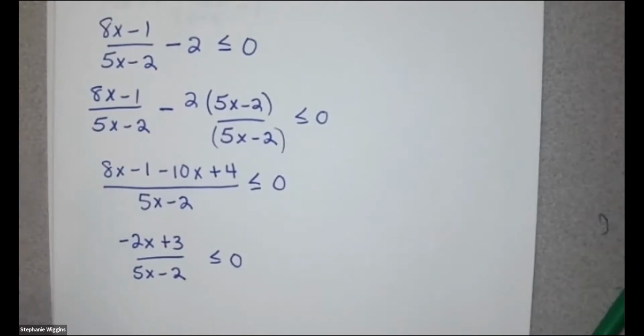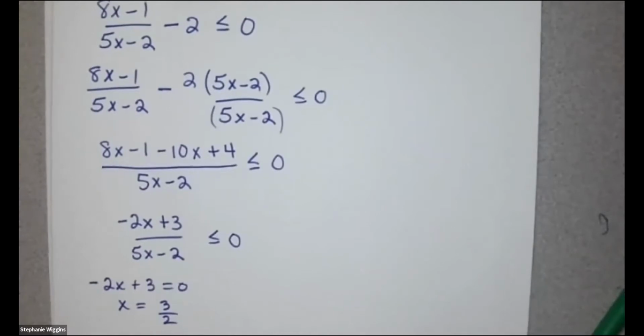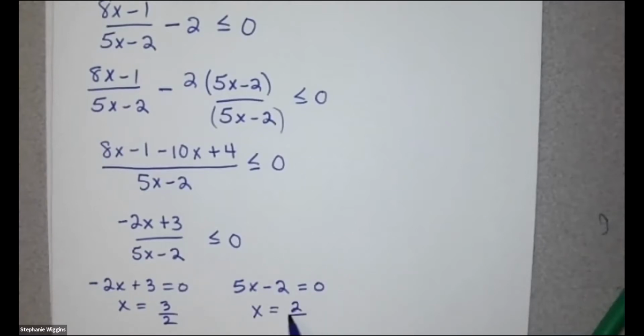Okay. And so now we set the numerator equal to 0, and we get x equals 3 halves. And then we set the denominator equal to 0, and we get x equals 2/5.